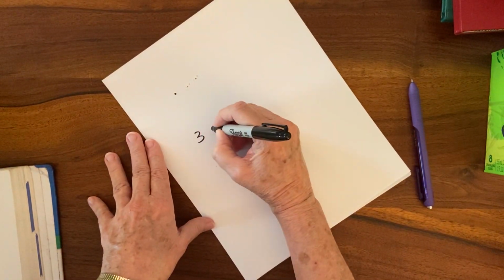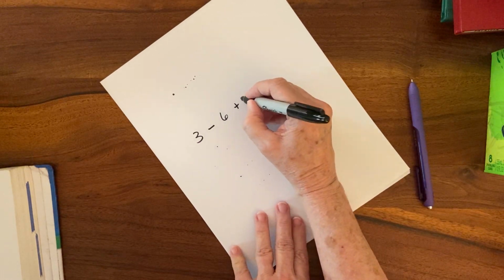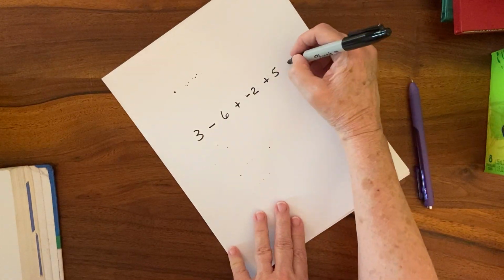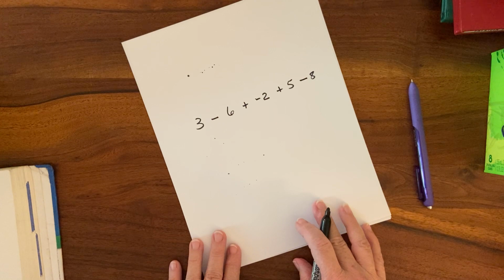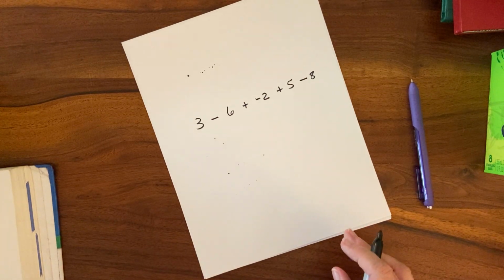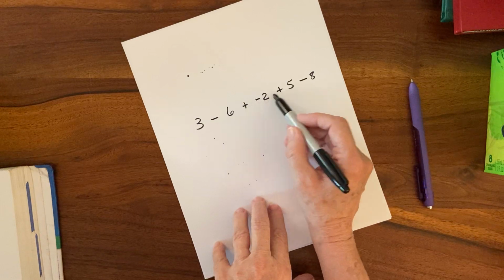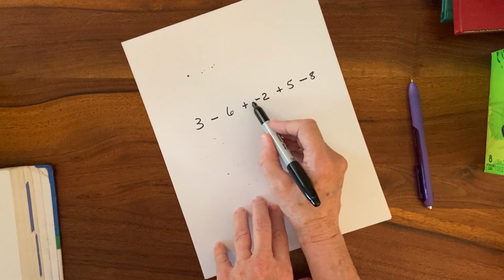So 3 minus 6 plus a negative 2 plus 5 minus 8. Still looks really complicated, doesn't it? So what they're going to suggest is that you take all of these little operators here. See how I've got no number in between?